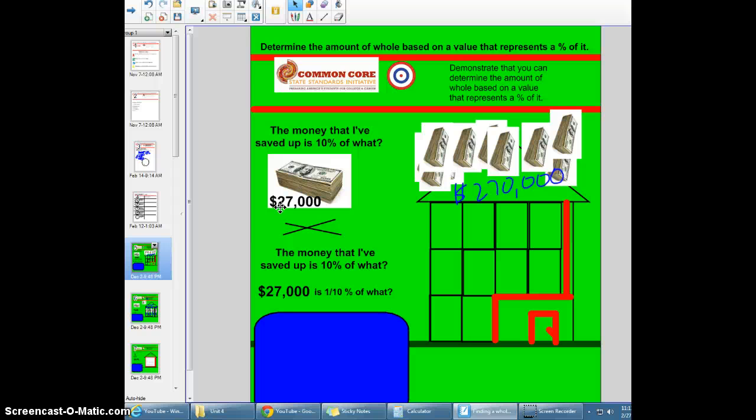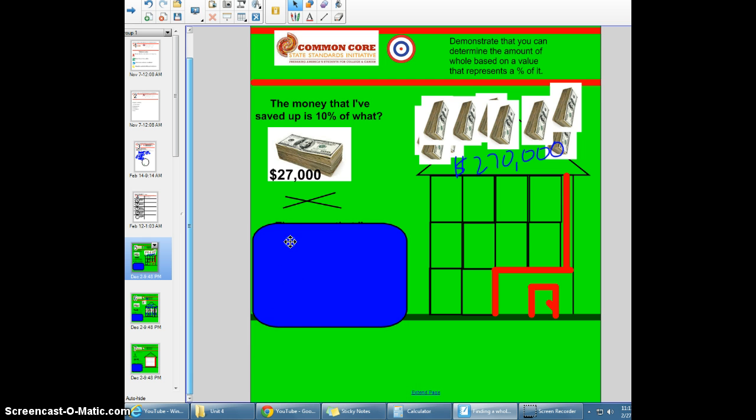And so we started with a statement. This is where I started my instruction, which was minimal. I said to myself, the money that I've saved up is 10% of what? That's kind of vague. It doesn't really mean that much. But if we put it into a deeper context, the money that I've saved up is my down payment.